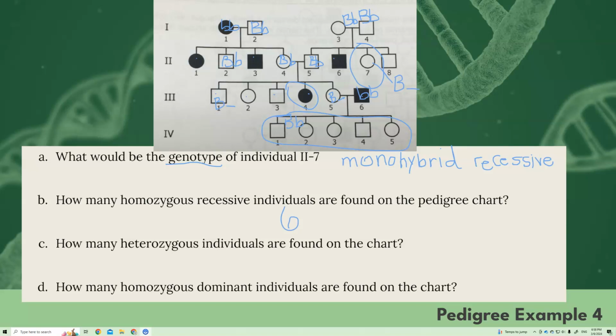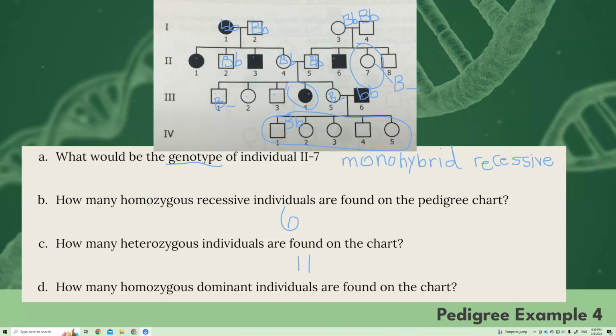So all 5 of these kids are also heterozygous. So to answer this question, I would count 5, 6, 7, 8, 9, 10, 11. I found 11 people on this chart who are heterozygous.